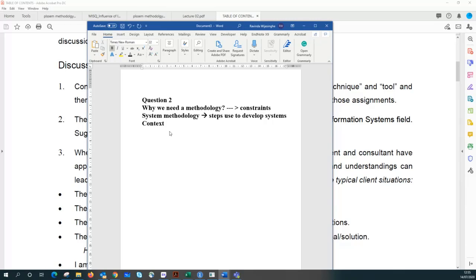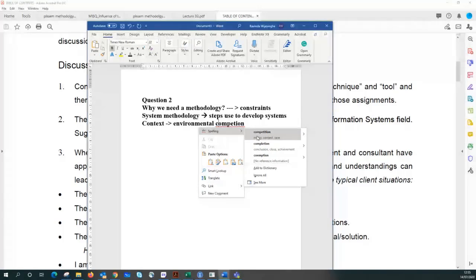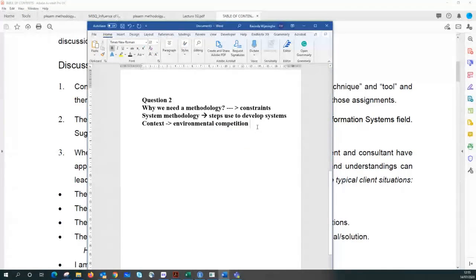So we can say contexts are changing: environmental changes, competition. All these things give a kind of complexity to the given project, right?